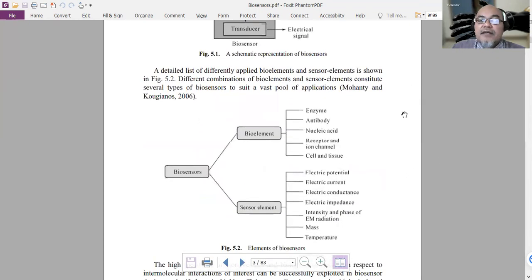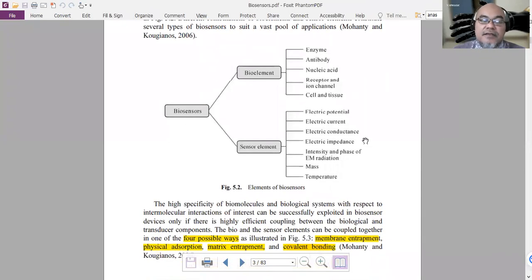And yesterday we explained the types of bioelement, the ones I just mentioned, plus the larger macro-scale bioelements like cell and tissue as well as organ. Then the sensor elements can recognize optical changes or electrical changes or mass change.